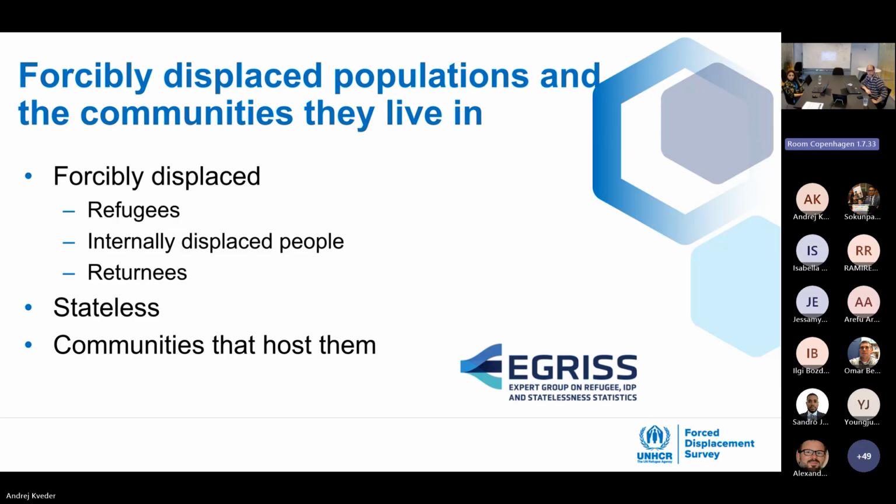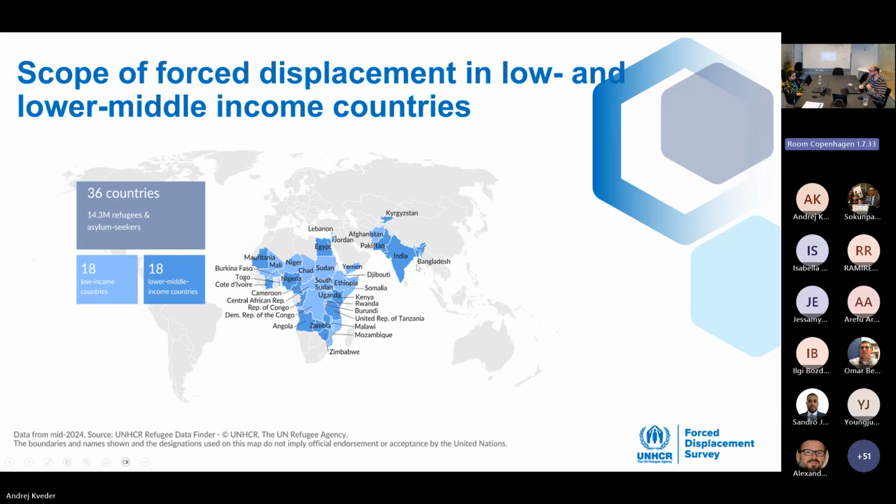Then under the UNHCR mandate, we are also talking about stateless people and of course the communities that host them. There is no clear definition currently of the communities around the refugees, or the host communities potentially affected by the presence of refugees, and I will talk more about what this means for sampling and the statistics we want to portray on them.